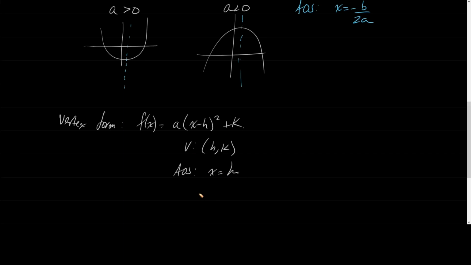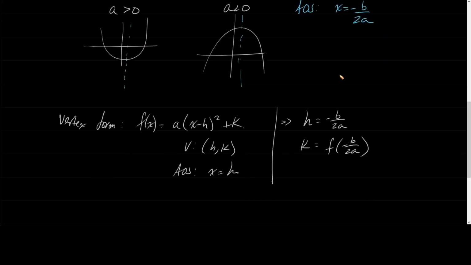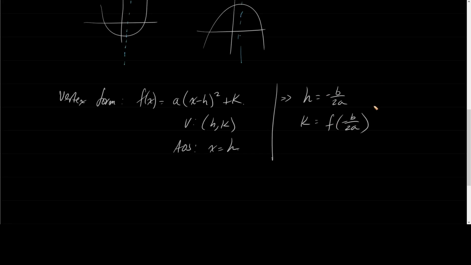What I want you to notice is that this implies that h is equal to negative b over 2a, and k would then be equal to f of negative b over 2a, because it's in the same spots as over here. So that's useful in general to put things into the vertex form.